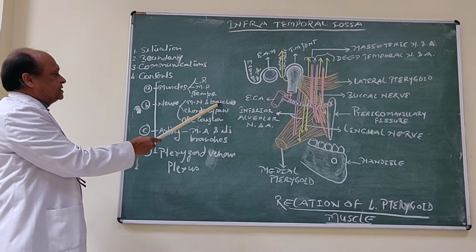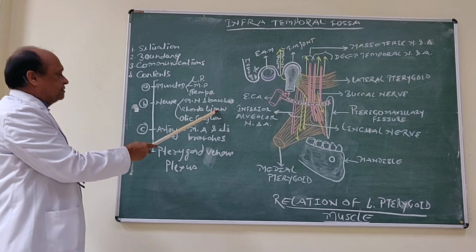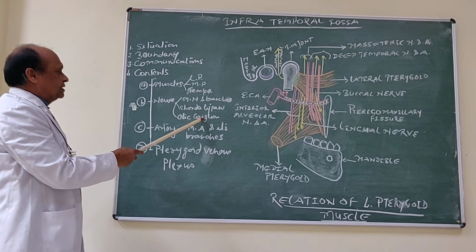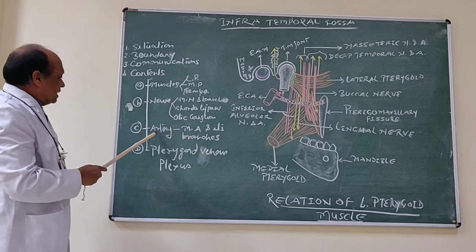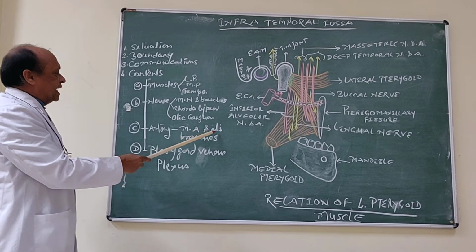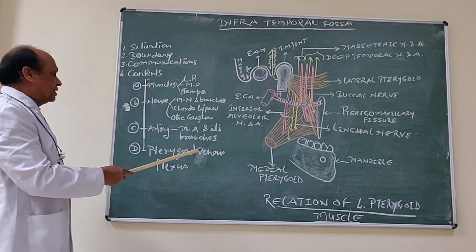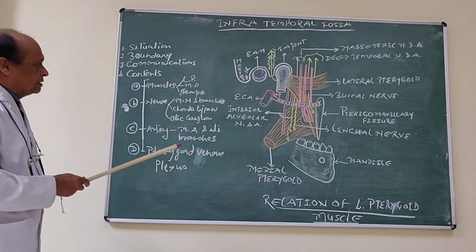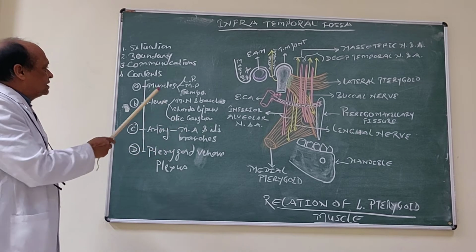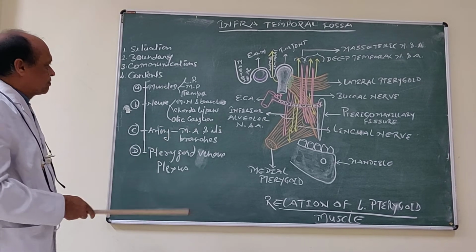Mandibular nerve and its branches, chorda tympani nerve, otic ganglion, its roots and branches. Among the arteries, the maxillary artery and its branches, and the pterygoid venous plexus. These are the contents of the infratemporal fossa. We will discuss details one by one.